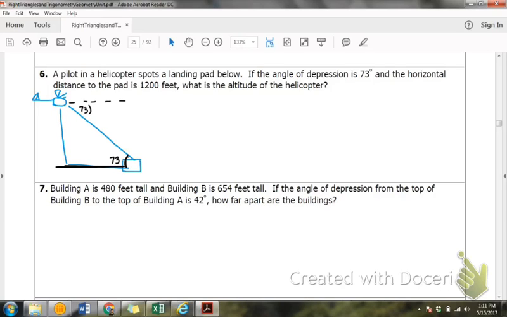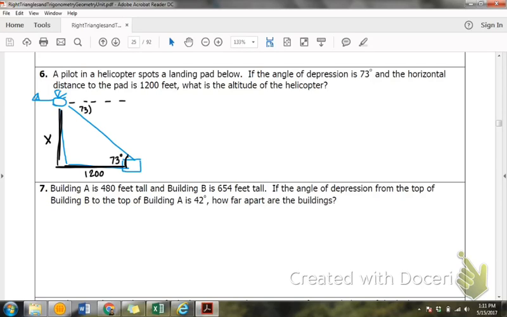It says the horizontal distance to the pad is 1,200 feet. What is the altitude? What's another word for altitude? Height. So is that going to be the hypotenuse or the side, Elvis? The side. The side is your height. Got to make sure you read carefully. What is the altitude of the helicopter?